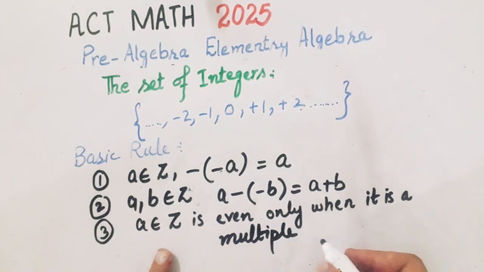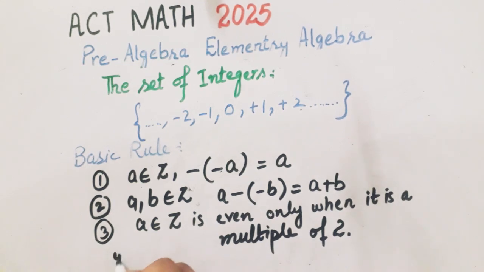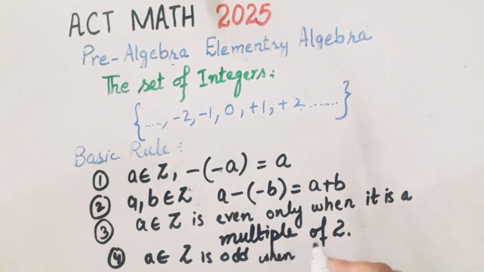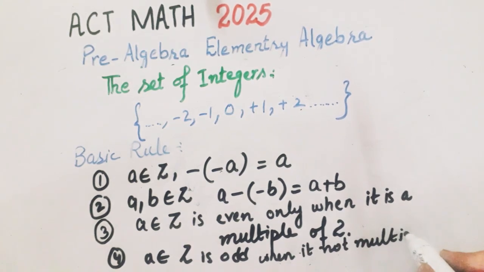The condition for even is that it is a multiple of 2. And what is the condition for odd? We will write rule number 4: A belonging to Z is odd when it is not a multiple of 2. So these are the basic conditions.